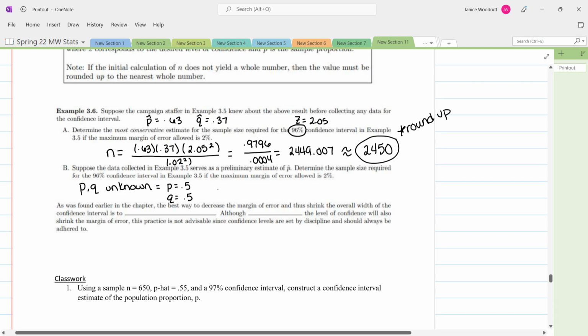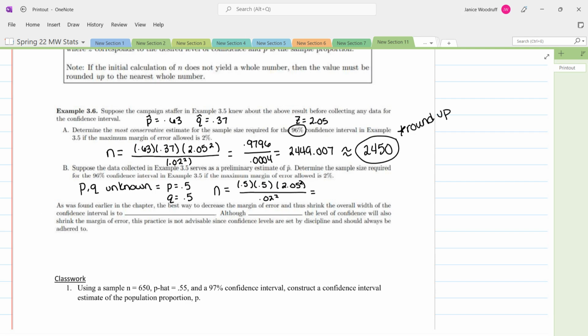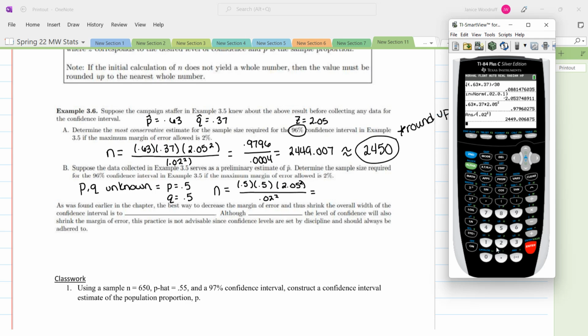So what we would do here is we would do 0.5 times 0.5 times our 2.05 squared divided by 0.02 squared. So we would go 0.5 times 0.5 times 2.05 squared.